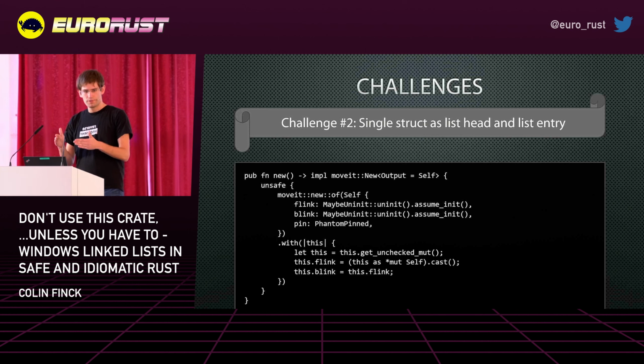And this is what I put into Flink and Blink now. And thanks to macro magic, that closure, which I specify with the with function, is actually called all the time when I call new and get my initial list head structure returned. So this way, thanks to the move-it crate, I can get a list head that is initialized right from the start. So another challenge solved.